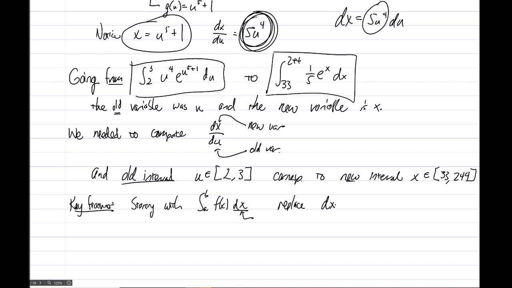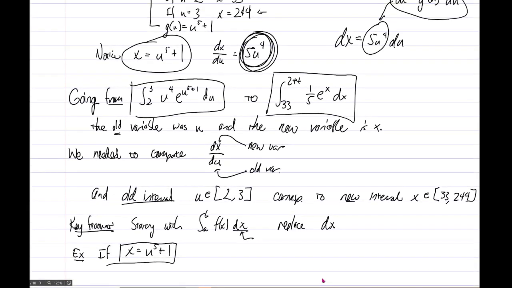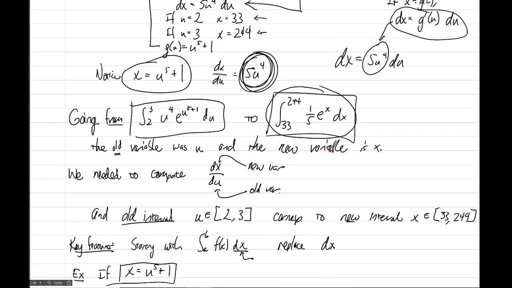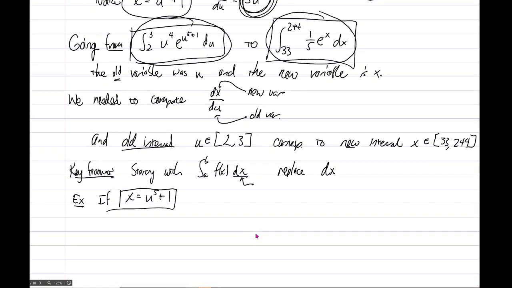So for example, in what we just looked at, say the substitution that worked out for your problem was x is equal to u to the 5th plus 1. I'm trying to go backwards. Say you had this problem and you want to go backwards to this, which seems a little strange, but let's just go with it.